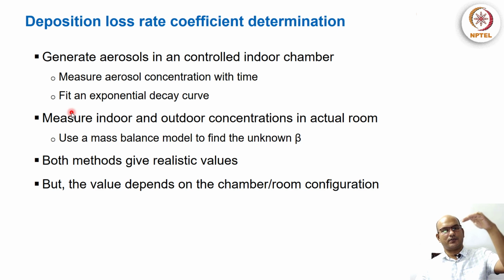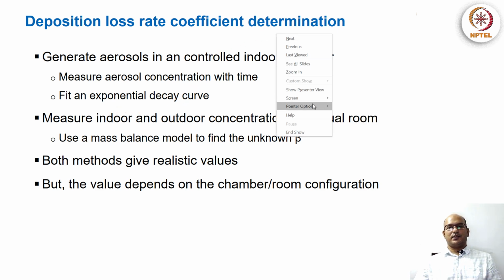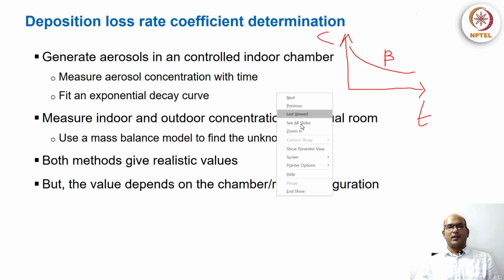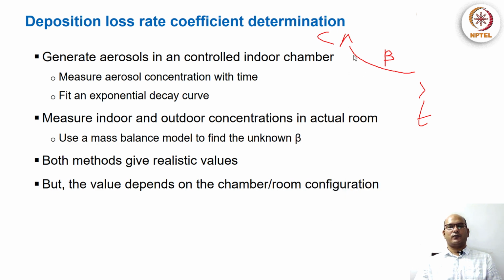During this drop, the aerosols deposit to different surfaces, so the concentration will decrease, and then we can fit an exponential decay curve. For example, a pattern could be this, time and C, and then we have an exponential decay curve, and this can help us obtain our beta, the overall deposition for a combination of all the surfaces.